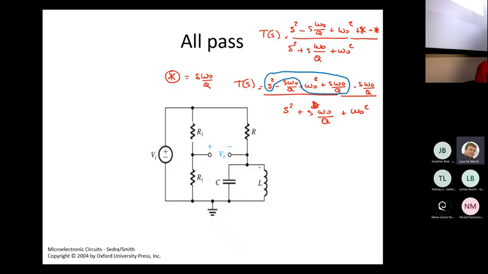So we can rewrite the transfer function as 1 minus s ω0/Q taken 2 times, over the conventional denominator.